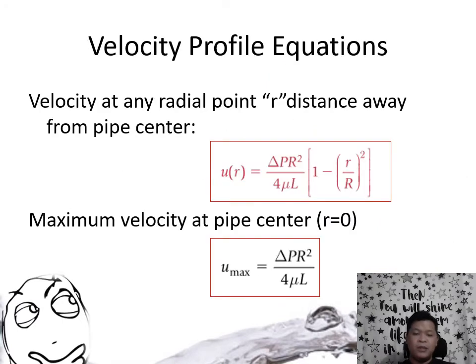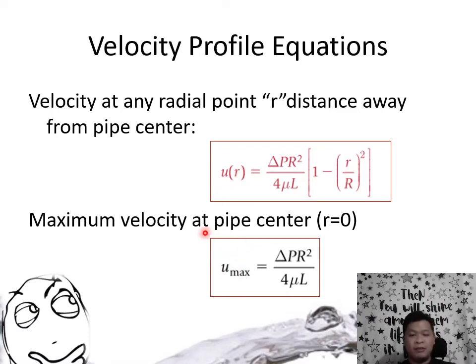Okay, suppose we want to know the point velocities of the fluid at any point in the pipe. So we know that there's a maximum velocity at the center. Okay, so we have average velocity, maximum velocity, and velocity at any point in the pipe, no?